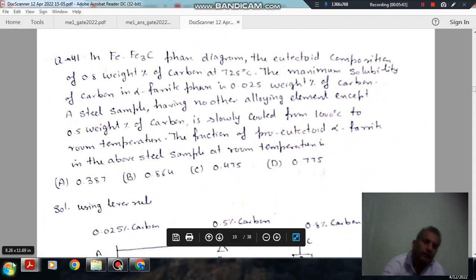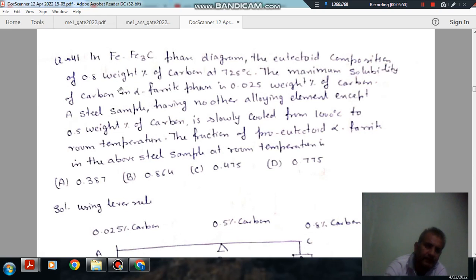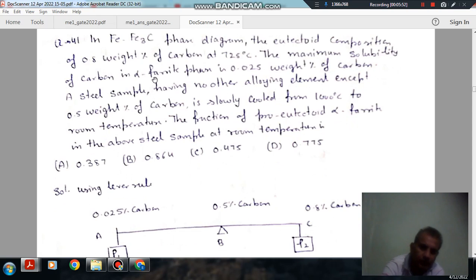Next: in an Fe3C phase diagram, the eutectoid composition is 0.8 weight percent of carbon at 725 degrees Celsius. The maximum solubility of carbon in alpha ferrite phase is 0.025 weight percent of carbon.